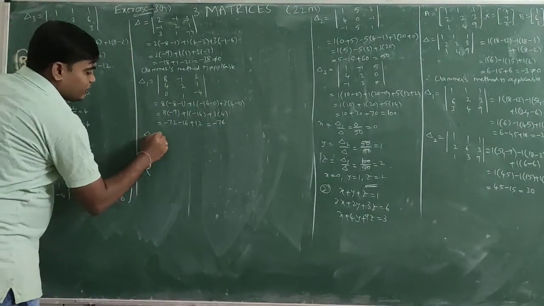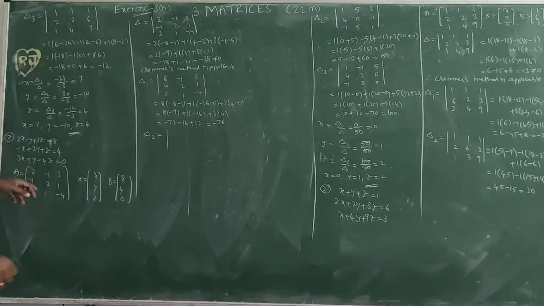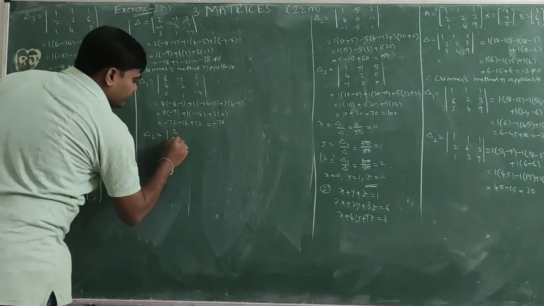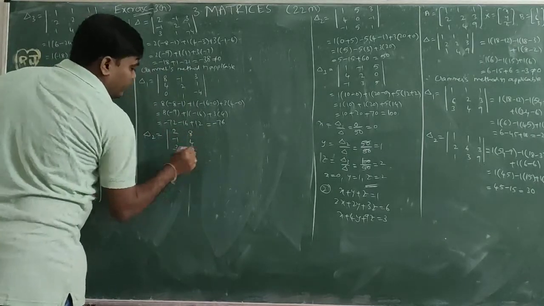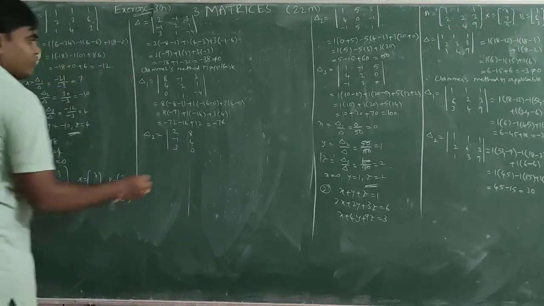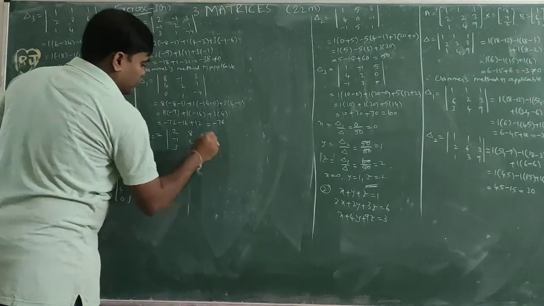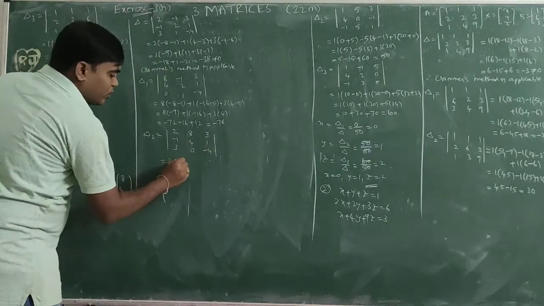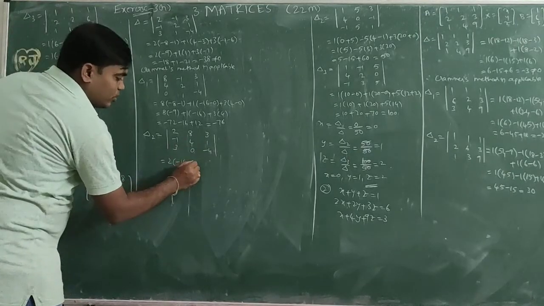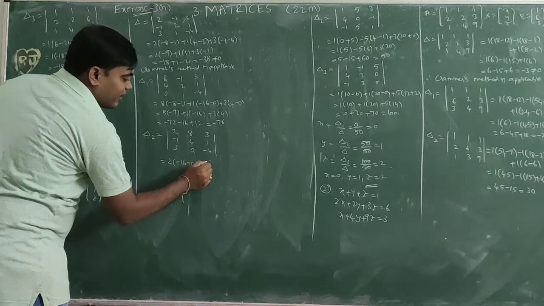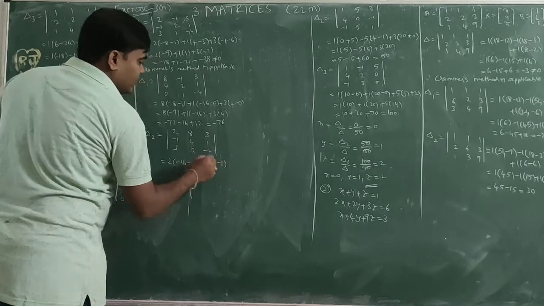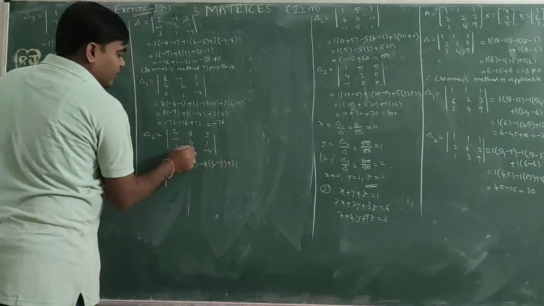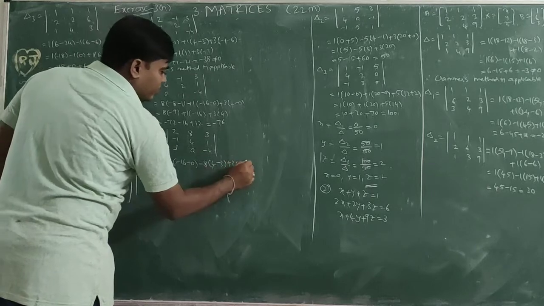Next delta 2 equal to, so in this matrix we are replacing the second column. First column 2, minus 1, 3. Second column 8, 4, 0. Third column 3, 1, minus 4. So 2 of 4 into minus 4, minus 16, 0 into 1, 0, minus 8, changing the sign, minus 8 of minus 1 into minus 4 plus 4, 3 into 1, 3, minus 3 plus 3 of minus 1 into 0, 0, 3 into 4, 12, minus 12.